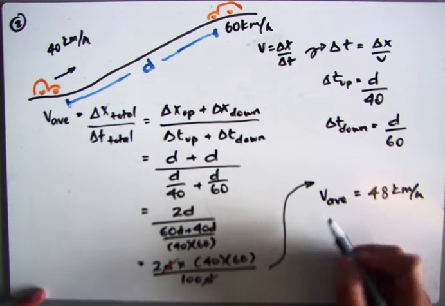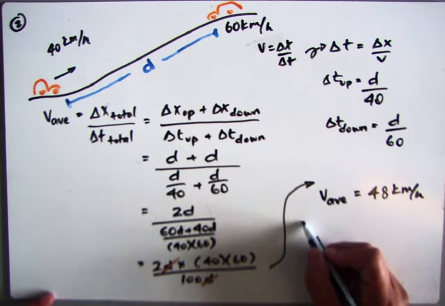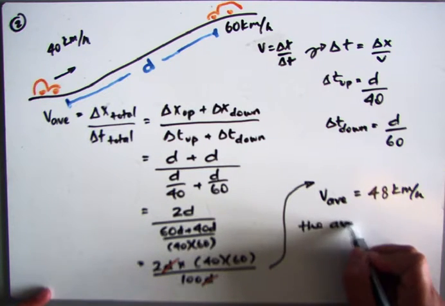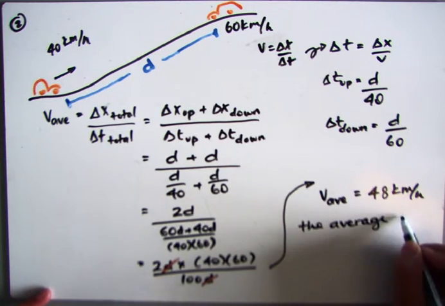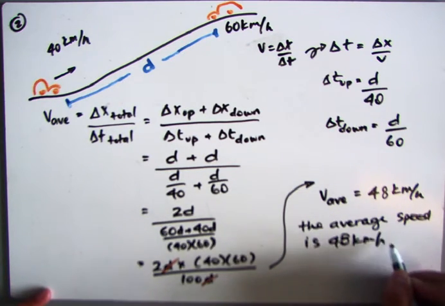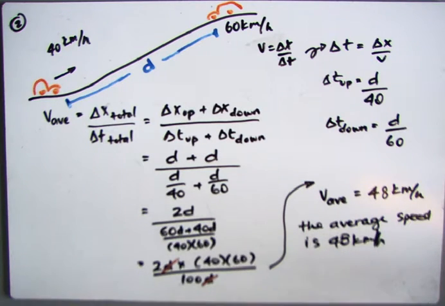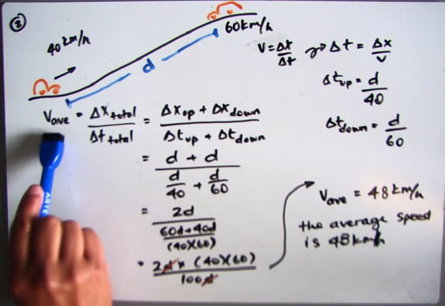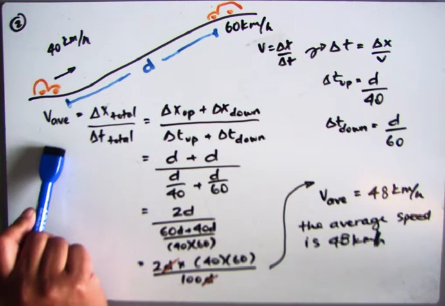And let me just quickly put a sentence here. The average speed is 48 kilometers per hour. And what I want to get at here is that this average speed is actually a time weighted average.